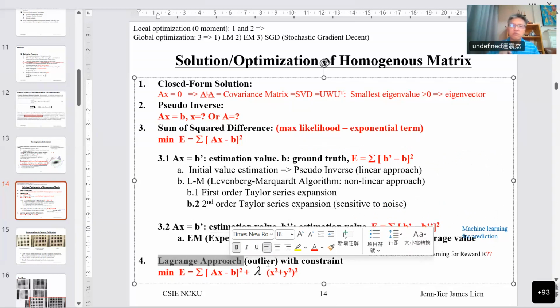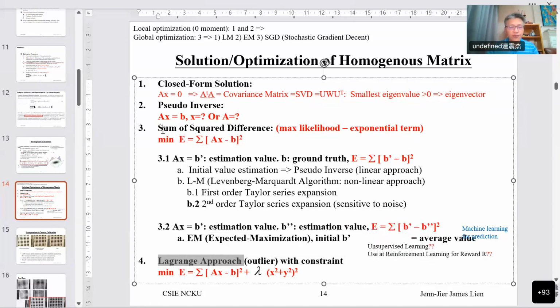And right now, in deep learning, they use gradient descent to solve it. But gradient descent needs a lot of iterations to approximate the results.